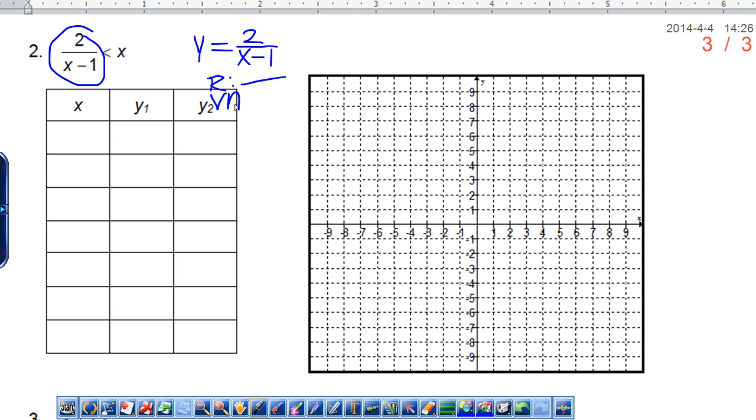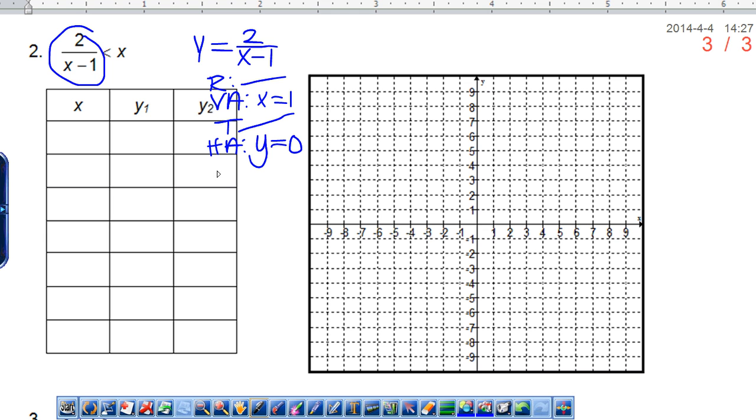Vertical asymptotes. x equals 1. Any tangent roots or tangent asymptotes? No. How about my end behavior, my horizontal asymptotes? Yeah, let's talk about it. What's the degree on top? 0. What's the degree on bottom? 1. Low over high. 0 equals y.